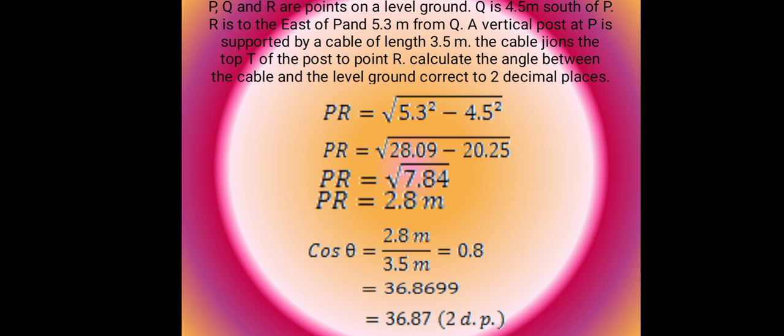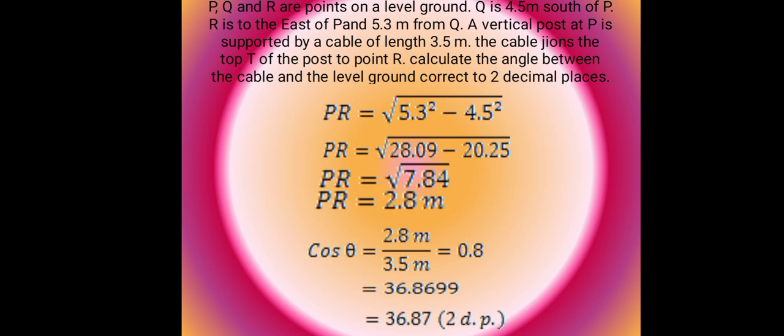P, Q, and R are points on a level ground. Q is 4.5 meters south of P. R is to the east of P and is 5.3 meters from Q. A vertical post at P is supported by a cable of length 3.5 meters.